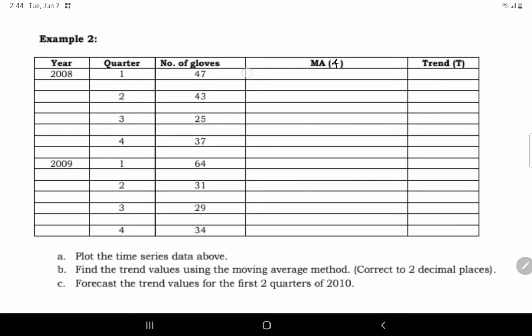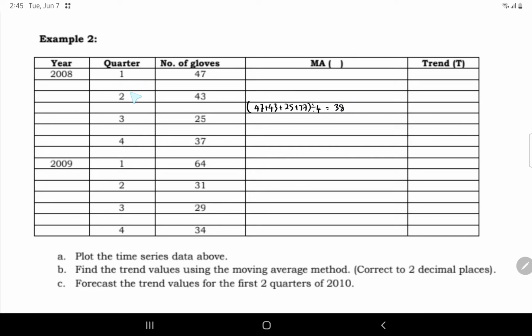Jawapan dia kita letak tengah-tengah lah, iaitu 38. So 47 plus 43 plus 25 plus 37 divide by 4. So the answer is 38.